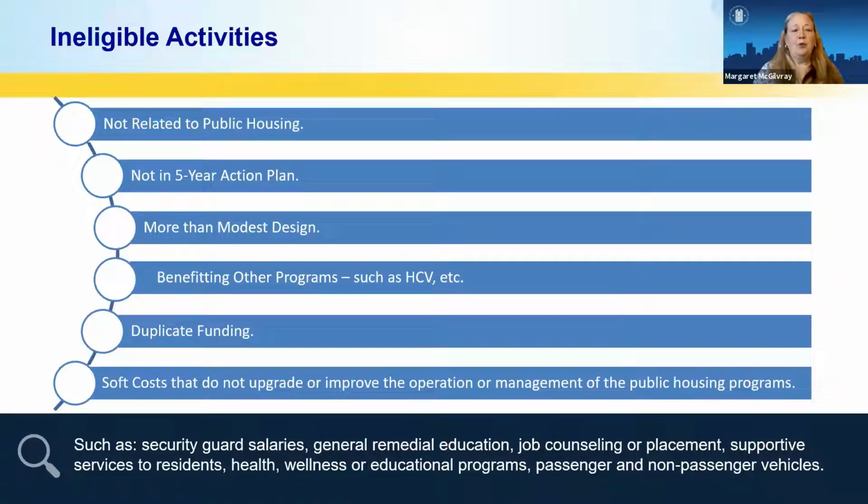So for example, if a car or van is needed for the capital fund coordinator, or for instance, an in-house architect on a full-time basis to visit work sites and travel to resident meetings and such, all associated with capital fund activities, then that can be funded under the capital fund.